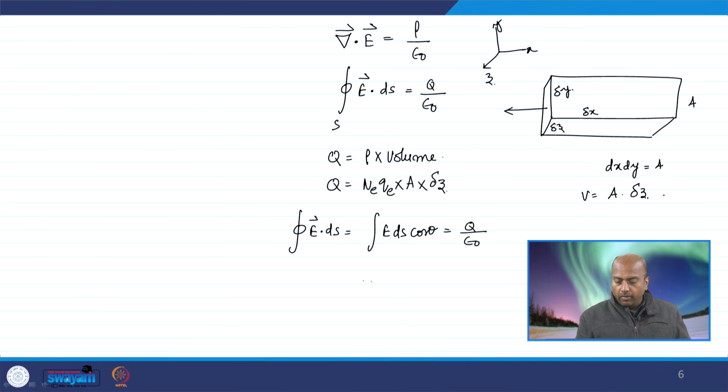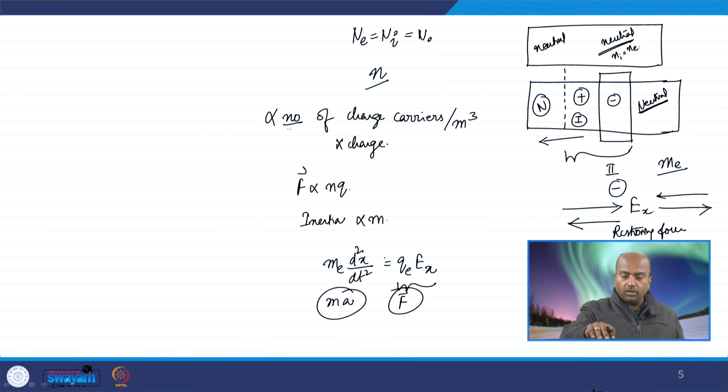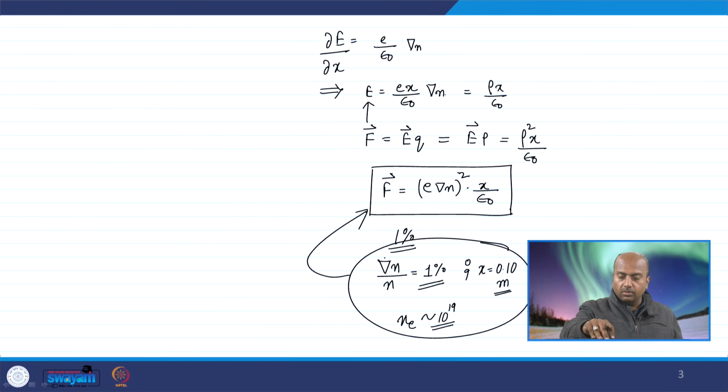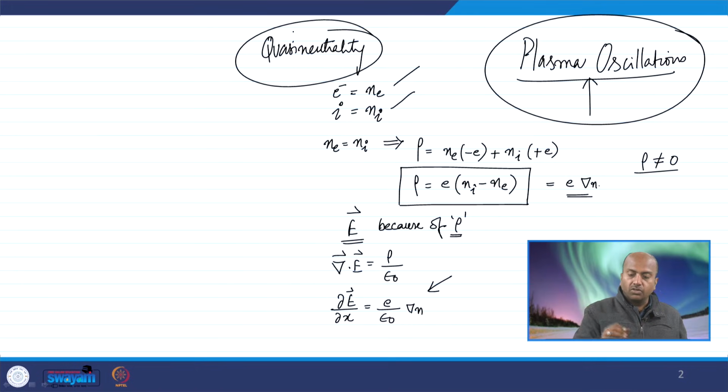Okay, so let us have a recap of what we have done so far, and then we will continue this discussion in the next lecture. We are trying to understand the basic idea of plasma oscillations. Plasma oscillations build on quasi-neutrality: removing some charge and creating a charge density will lead to the formation of large electric fields, and the role of this electric field is to bring back the electrons, essentially maintaining neutrality.